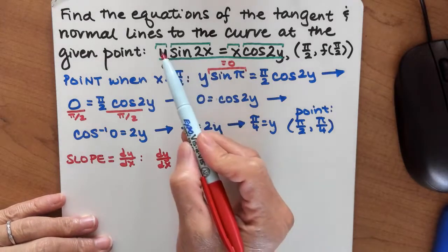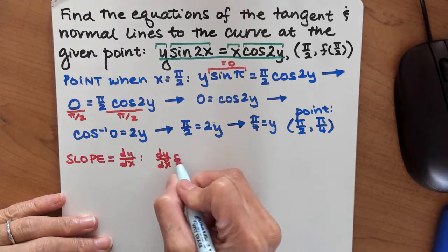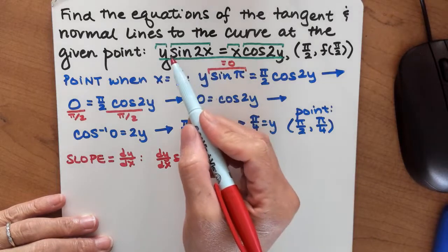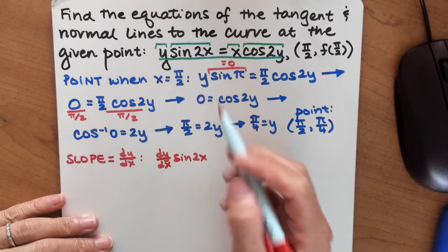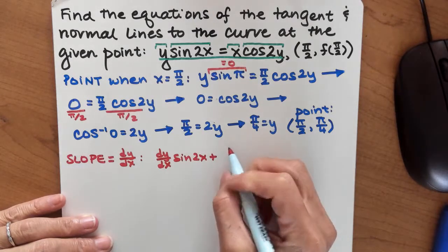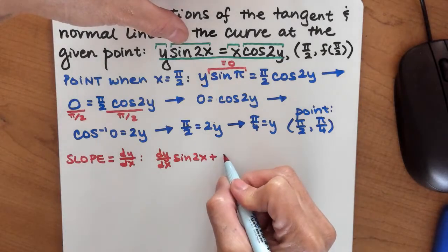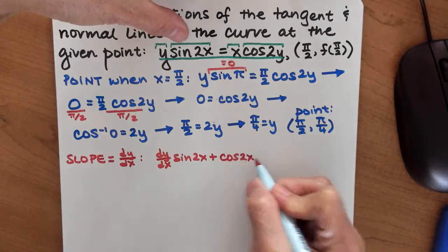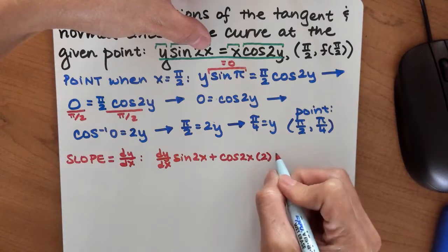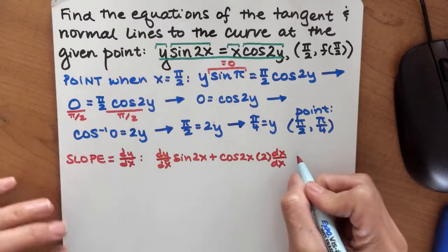So I'm first doing the derivative of y times sine 2x plus y times the derivative of sine 2x. The derivative of sine is cosine 2x. The derivative of 2x is 2, and of course it's an x, so I get a dx dx.